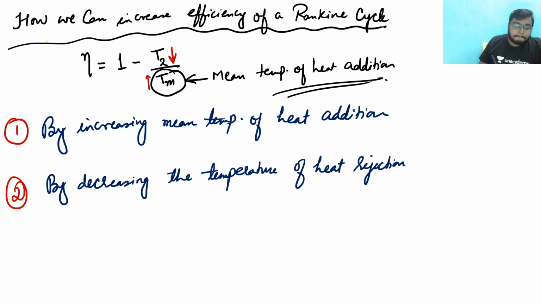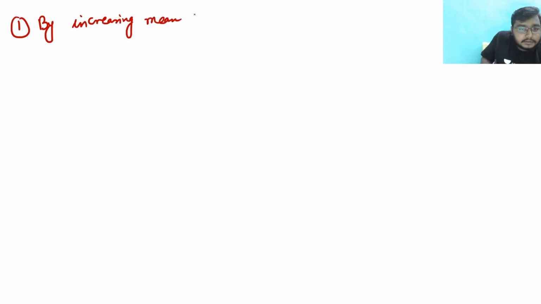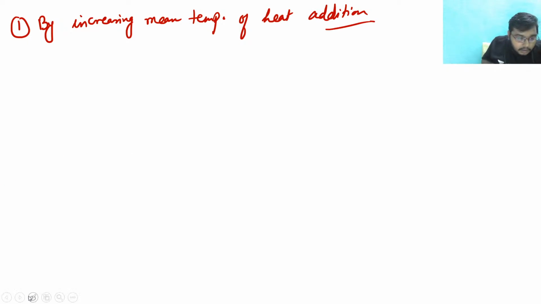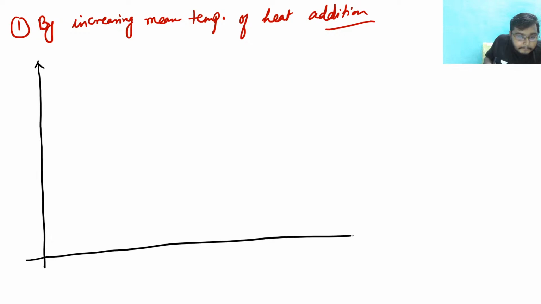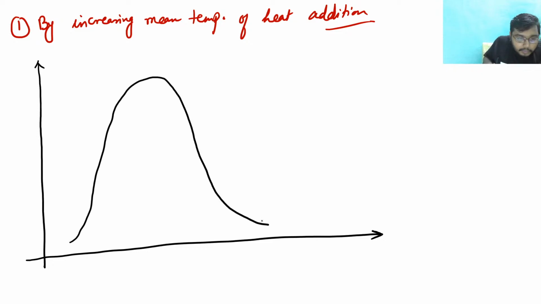Now see, let us take a new important case, that is by increasing the mean temperature of heat addition. So see here, this is a vapour dome, a T-S plot.